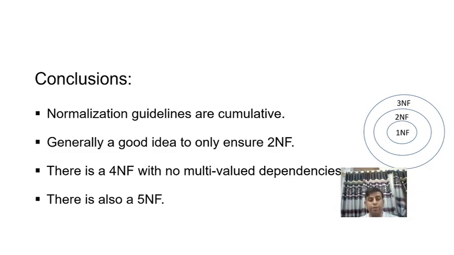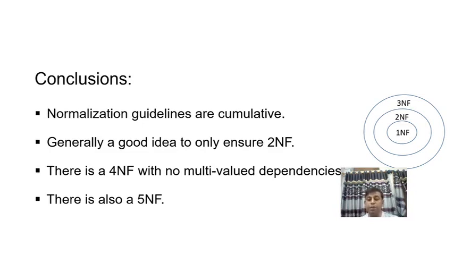For the conclusion, normalization guidelines are cumulative. There are different forms of normalization: first NF, second NF, third normal form, or third NF. These normalization forms are cumulative, meaning if we look at the figure on the right hand side, we see that 1NF, or first normal form, is enclosed by 2NF, or the second normal form, and in turn the second normal form is enclosed by the 3NF, or the third normal form.